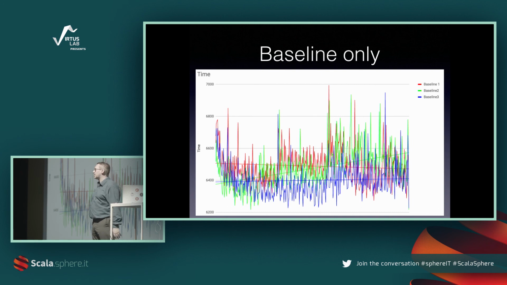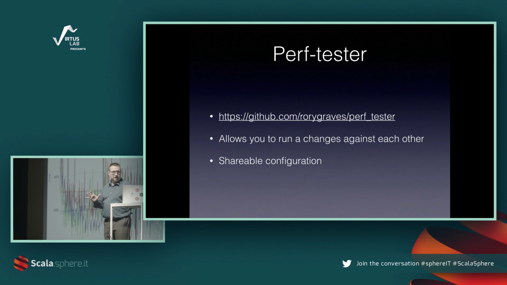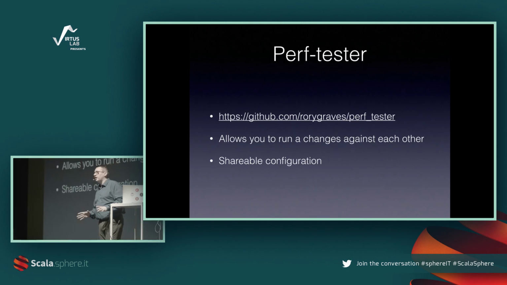Maybe there's some magic incantation that I need to actually turn these results into something meaningful. So I spent quite a lot of time, and in fact more time than I spent on trying to improve the compiler, on trying to build tools to help me work out whether I've actually improved the compiler. I know, it's sad, but we get rabbit-holed, right?